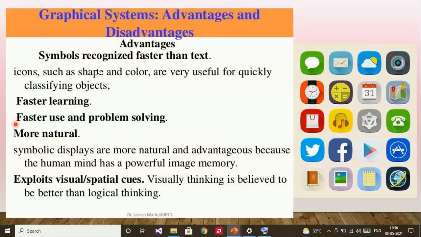The next point is faster use and problem solving. Symbols have also been found to be effective in conveying simple instructions. For example, for any kind of problem solving, they go for a graphical method of representation.